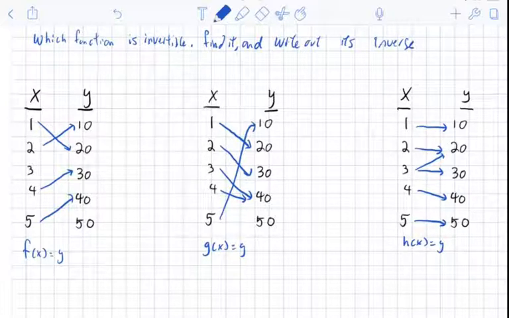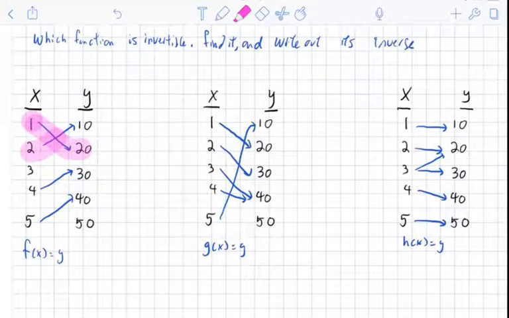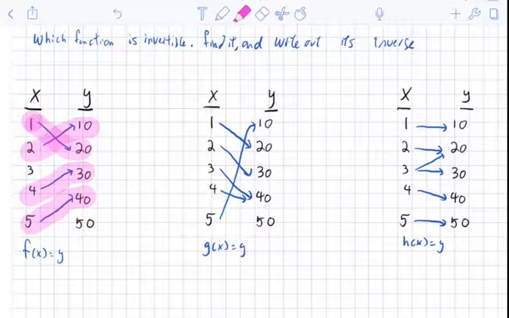Now, there's multiple ways of checking which one's one-to-one. One way of doing it is to start with each of these and follow the water slide and make sure you get to somewhere new. That one doesn't go anywhere. This one goes here. This one goes here. So each of these has its own unique destination. So this one is one-to-one. What about this one?